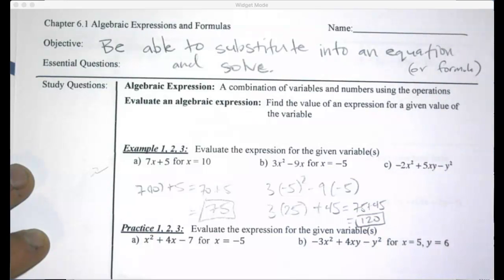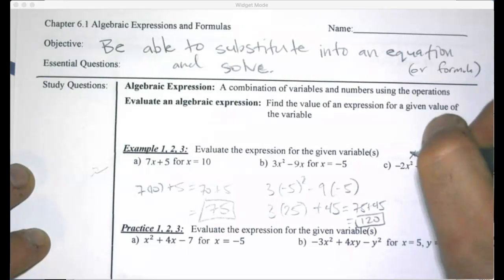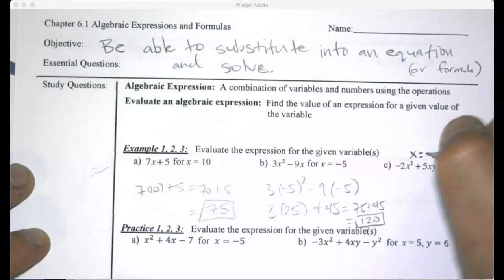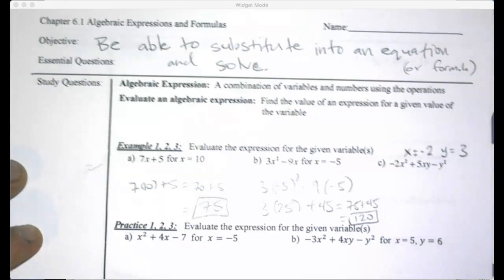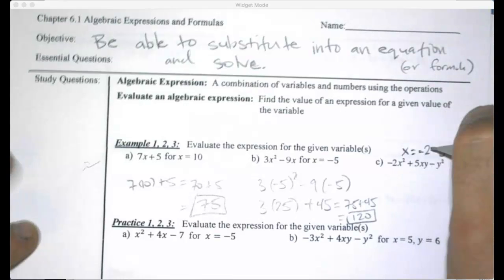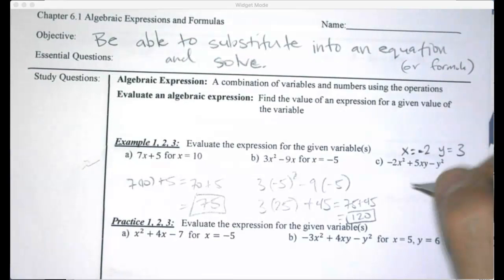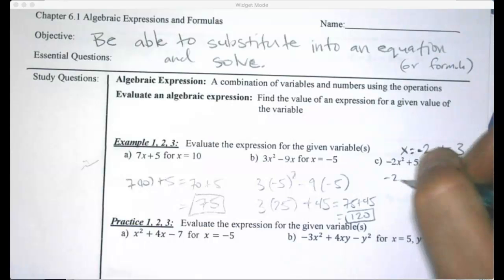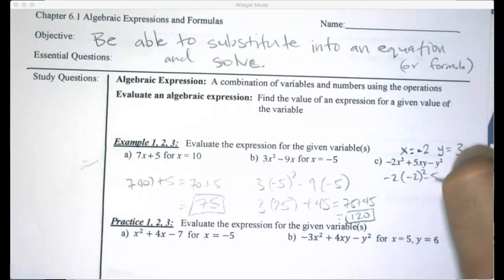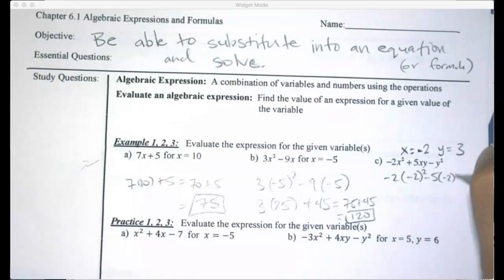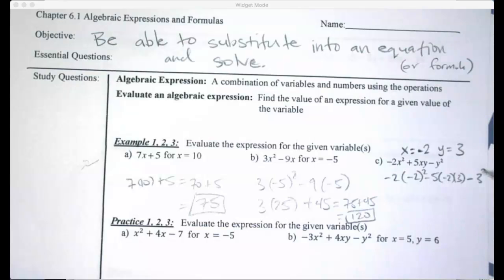Next one, they should actually give us some values for x and y for this to make sense. So let's just say x is negative 2 and y is 3. So now we can actually do this problem. So negative 2 times x squared, so we'll plug in negative 2 for x, minus 5 times x times y, minus y squared, so 3 squared.